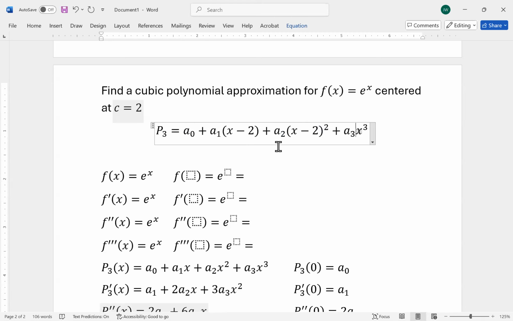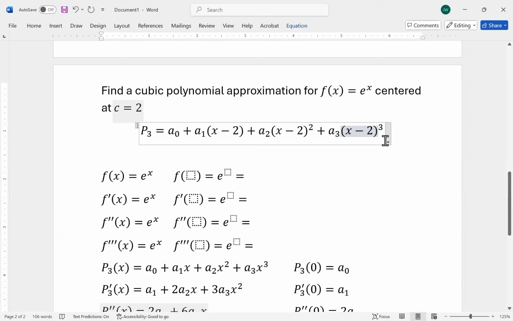The reason that's going to work nicely is because this is also going to be third degree, because when I expand this out, the highest degree is going to be 3. Highest degree here is going to be 2. Highest degree here is going to be 1. But when I start plugging in 2 into this type of polynomial, I get lots of zeros. So we'll go ahead and do that momentarily.